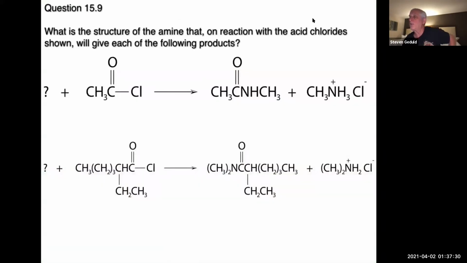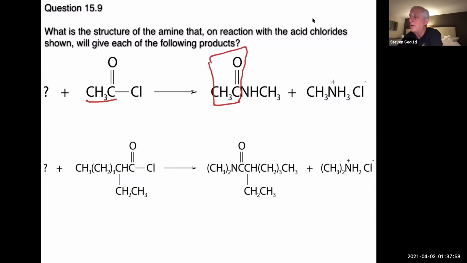Okay, what is the structure of the amine that on reaction with the acid chlorides will give each of the following products? So look at the top reaction. What are you going to have to react it with to form the following product? Here's your acid chloride, ethanoyl chloride. There's 2 carbons here.